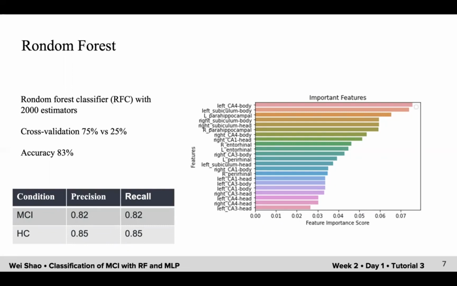On the bottom left side, you can see some metrics to evaluate this model, for example, precision and recall. Precision refers to the ability to correctly reject a person without the disease. Here, for MCI, this 0.82 tells me how well the Random Forest classifier rejected persons who do not belong to MCI.